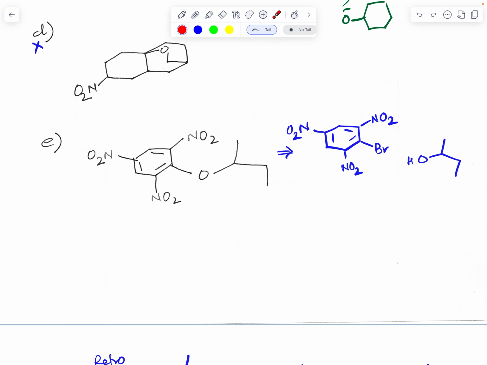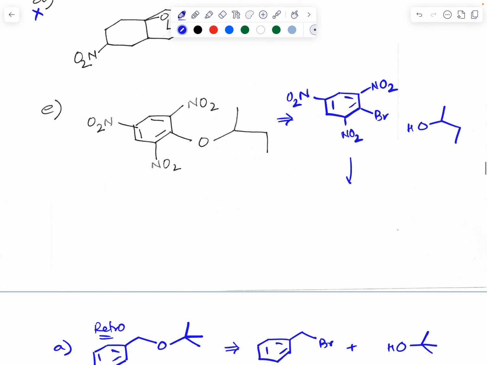The way to do this is to think that the precursor to this piece was an epoxide. That means there was an epoxide out here like this, and if this piece became a Grignard, it could have attacked the epoxide, making the OH out there. So that's the strategy we'll use.